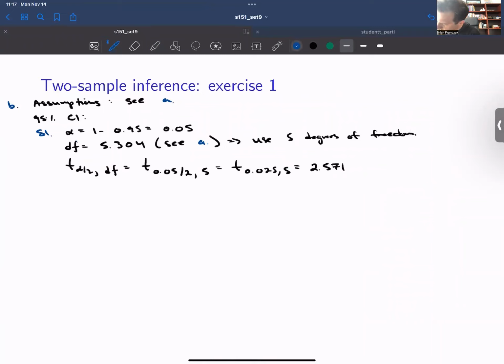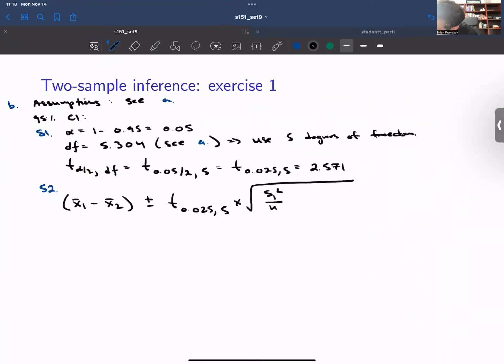All right. So now on step 2, we are going to have x bar 1 minus x bar 2. Okay, we can put these in brackets to make it a little clearer. Plus or minus t 0.025 comma 5 multiplied by the square root of S1 squared over n1 plus S2 squared over n2.